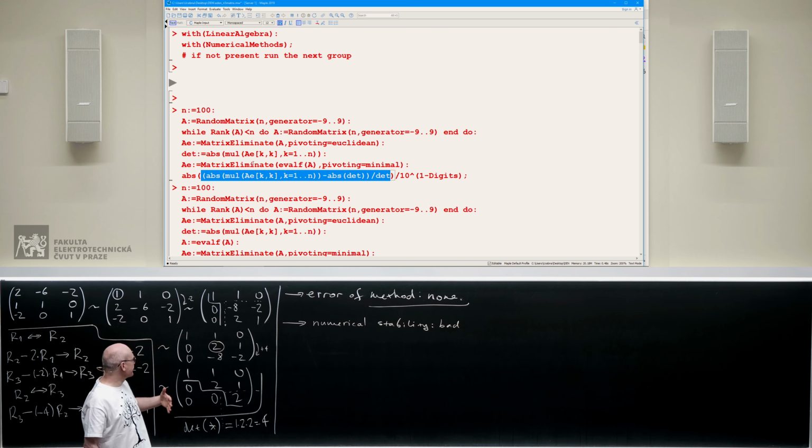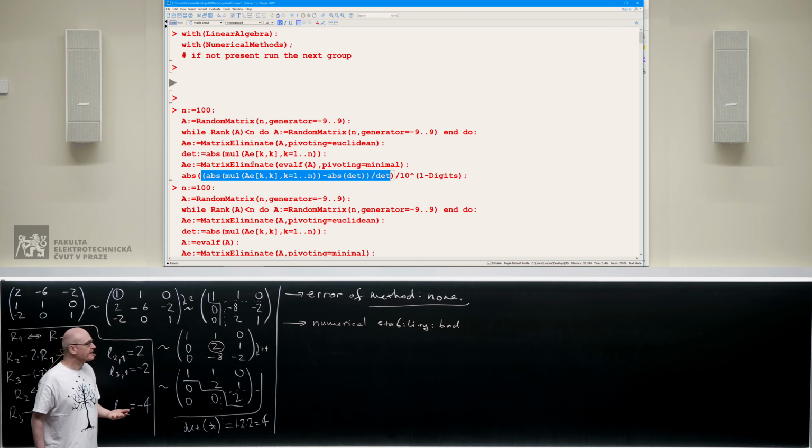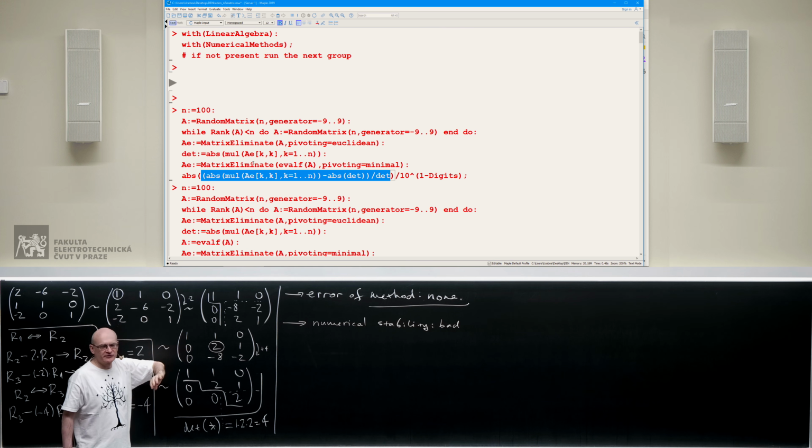But this number does not tell us much by itself, because there is always some error present in our calculations, and this error depends on the precision of the underlying algebraic calculations. Every system has an error built into it. So what I do, I take this essential error, which is already in the system, which is unavoidable, and I divide by it the error which I get for the determinant.